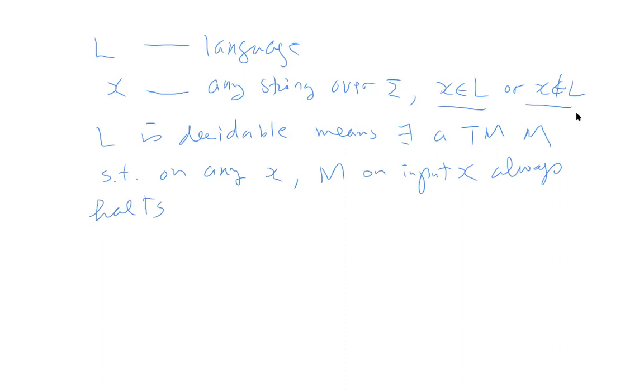Okay, so we know that when M halts, it will end up at two possible states. One is the accept state, the other one is the reject state.